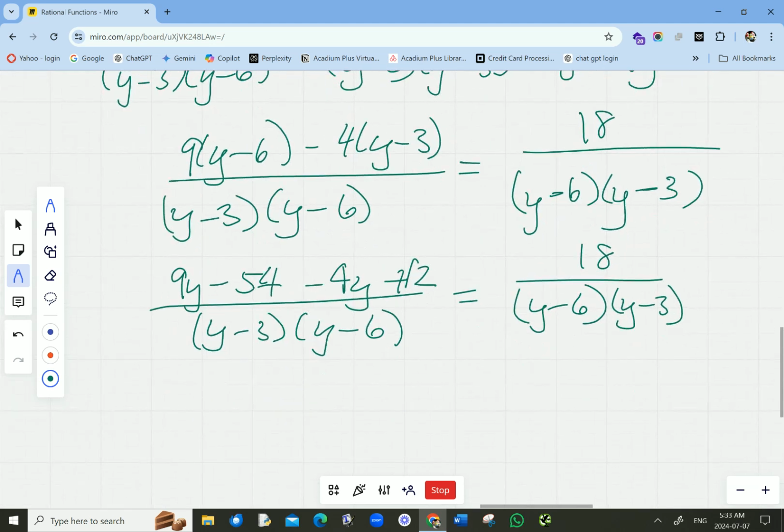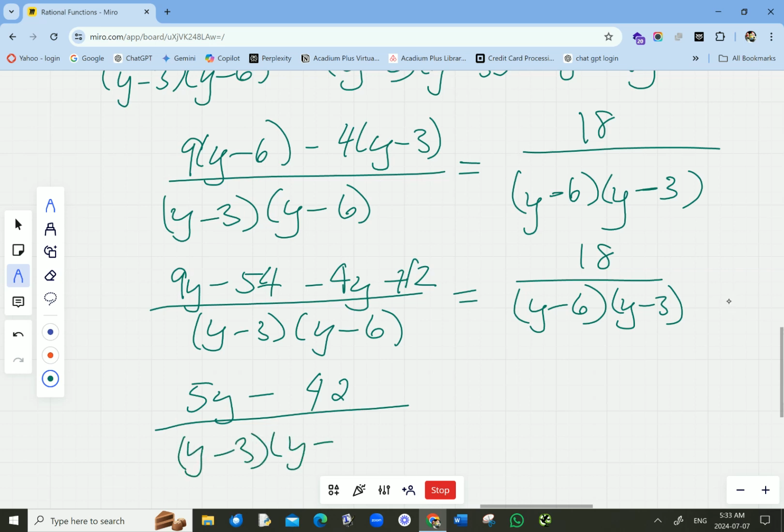Simplifying the numerator on the left-hand side, it's 5y, and negative 54 plus 12 is negative 42. Okay, looks good.